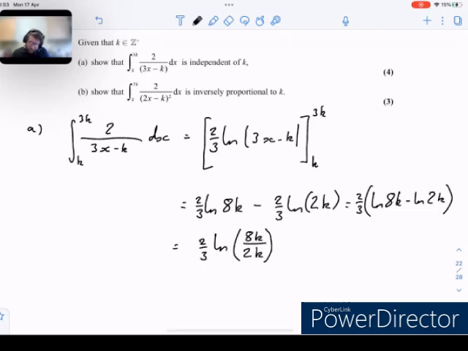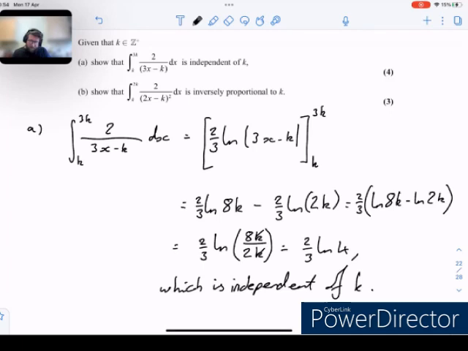And here is where the k's disappear. So this just becomes 2/3 log 4, which is independent of k. Good. You should say that at the end because you are answering the question then.